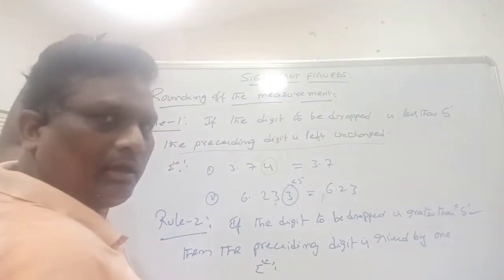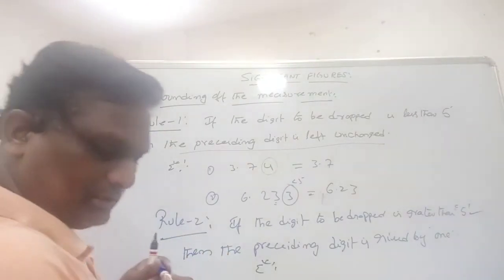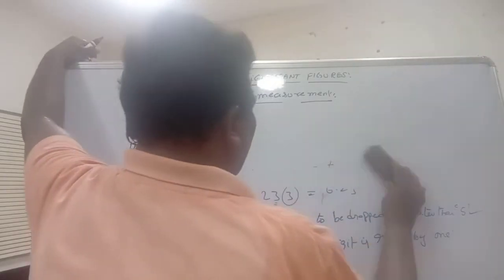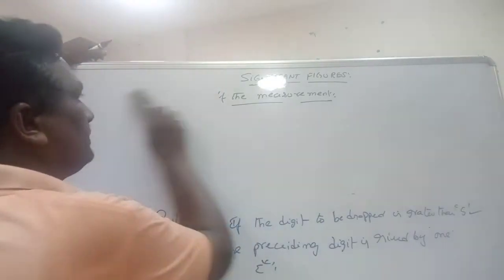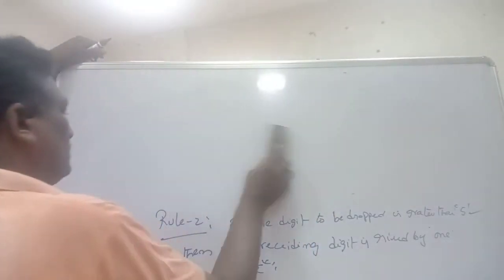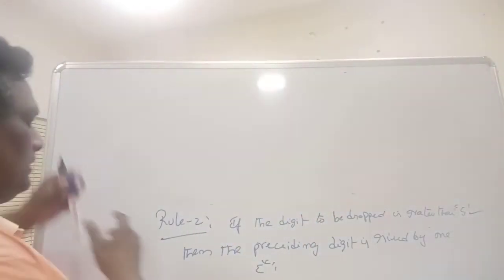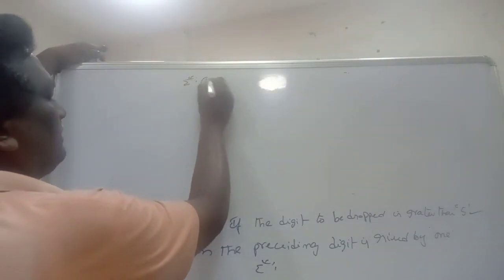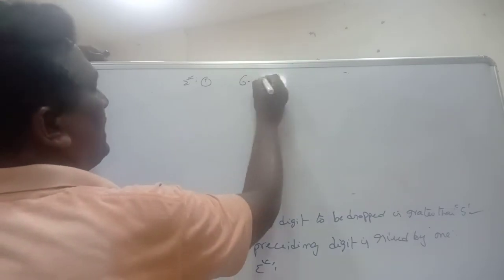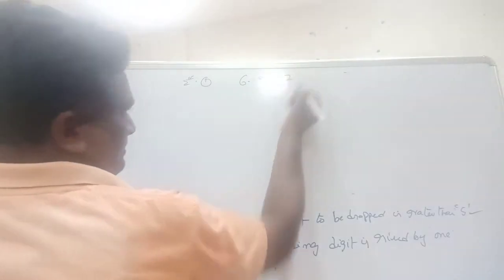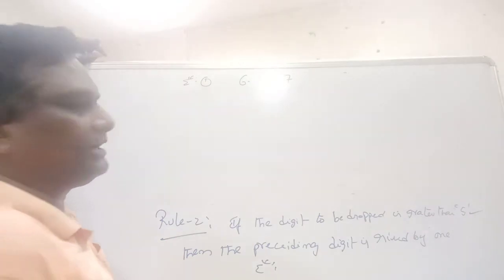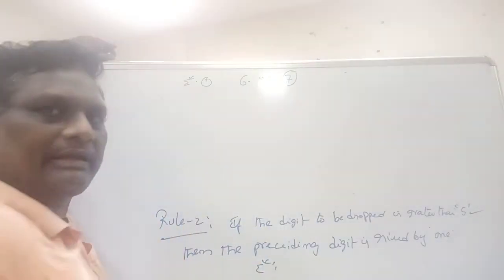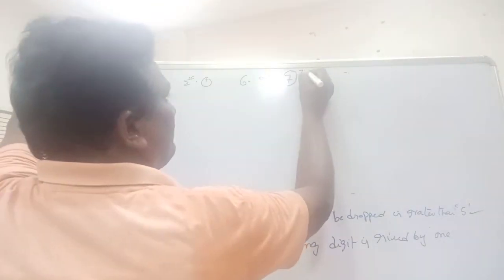Example for rule number 2: 6.247. Here you want to drop this 7. This 7 is greater than 5.